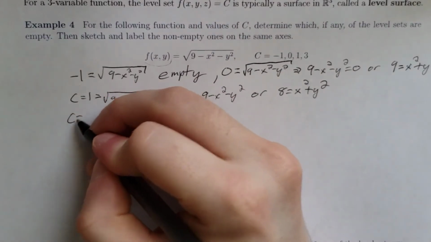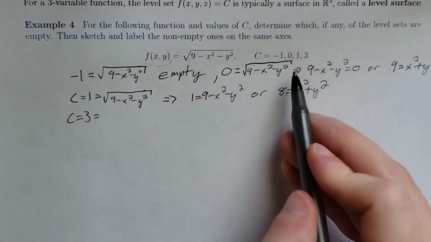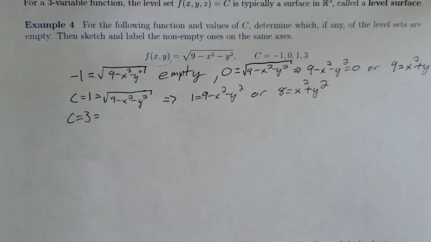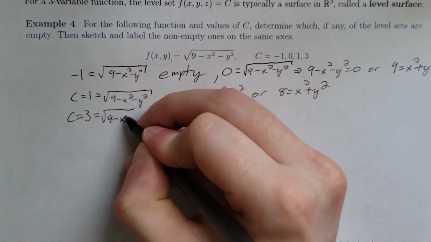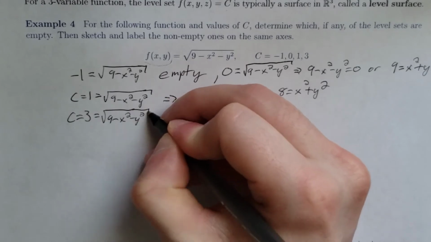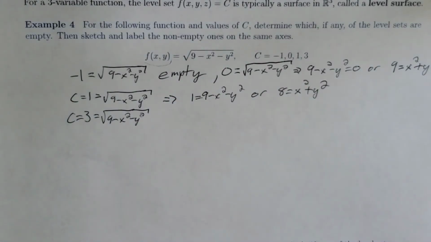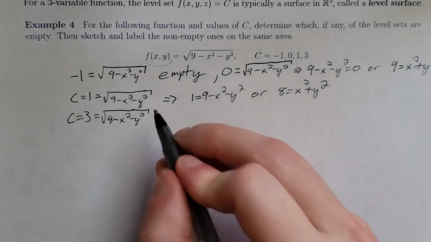And then finally, c equals 3 is the last c value we want to find a level curve of. So we set f of x comma y equal to 3. So we have 3 is equal to the square root of 9 minus x squared minus y squared.